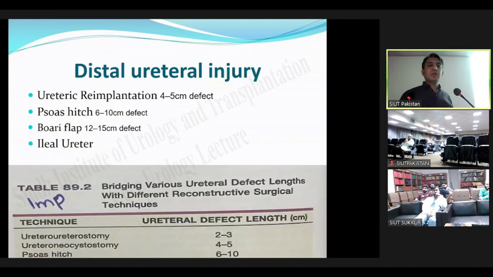For distal ureteral injury, when there is a loss of 4 to 5 centimeter defect, we can do ureteric reimplant. Ureteric reimplantation is just for 4 to 5 centimeters.